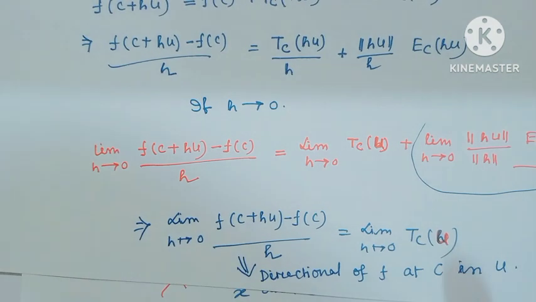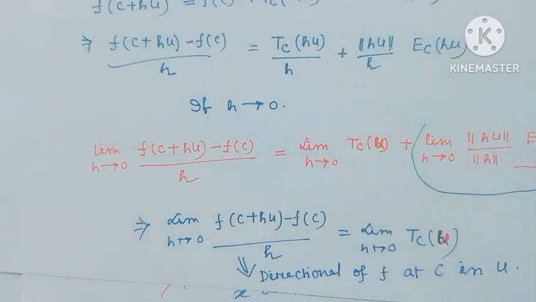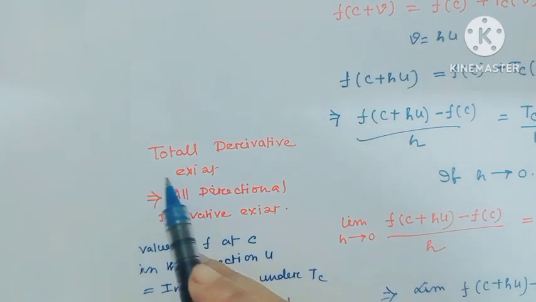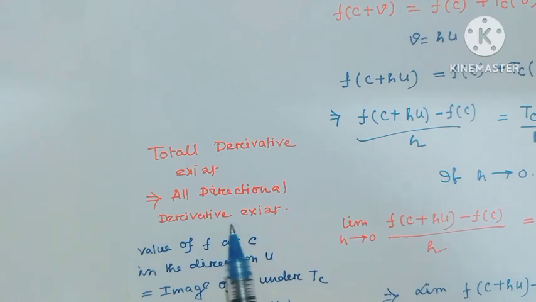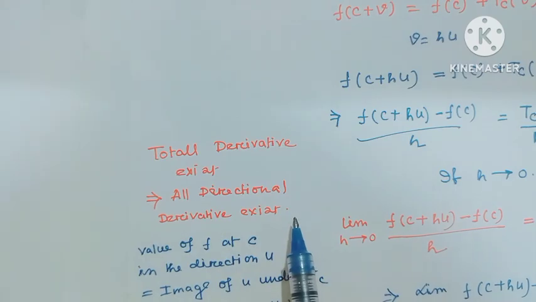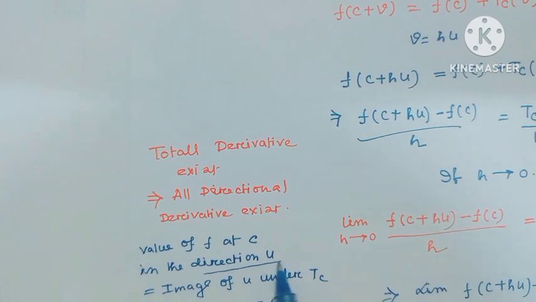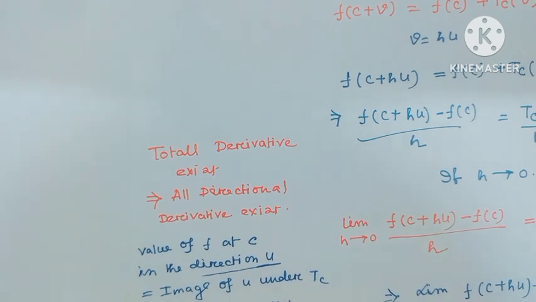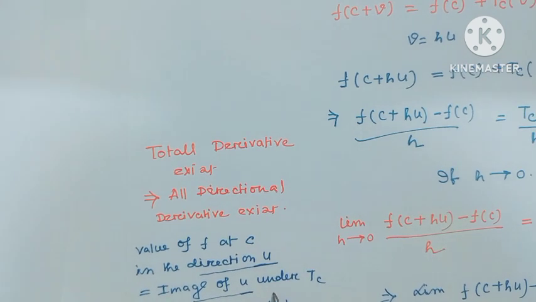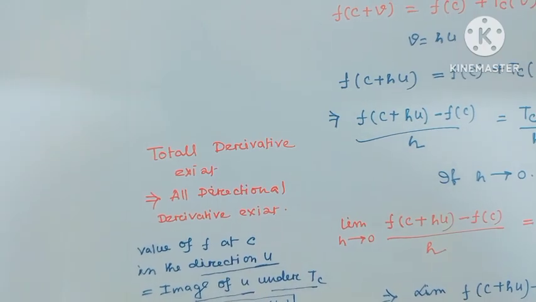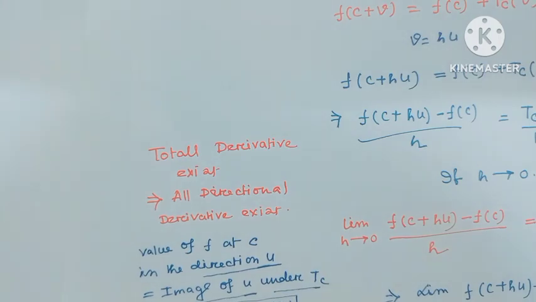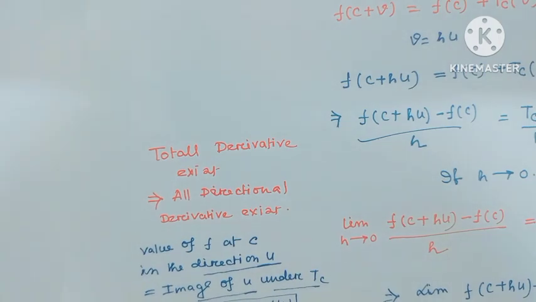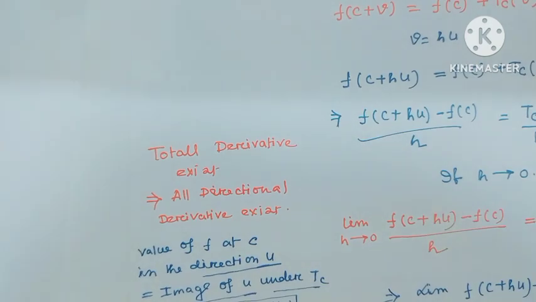That means the total derivative exists means all directional derivatives exist, and the value of f'(c)u is actually the image of u under the linear transformation Tc, where f'(c)u equals Tc(u). That means this is actually the directional derivative of f at c in the direction u.